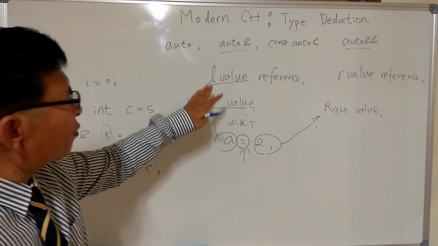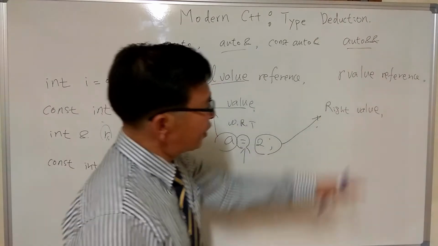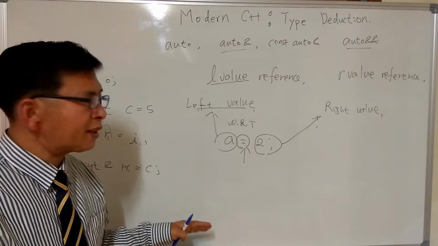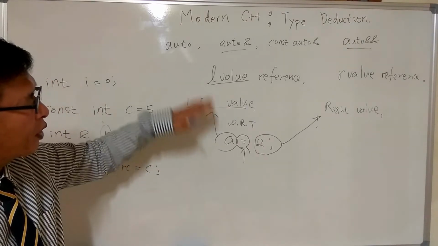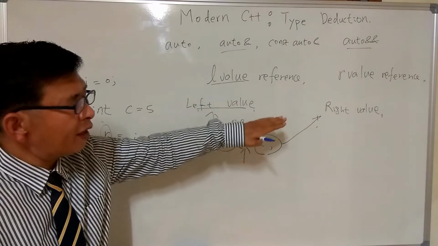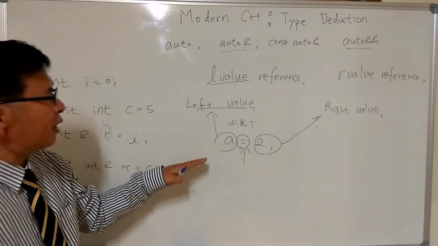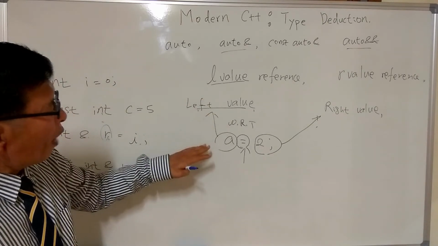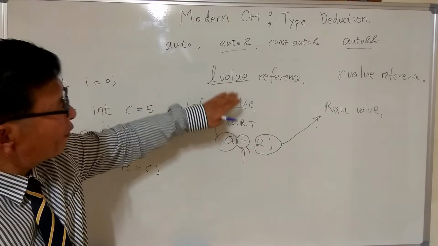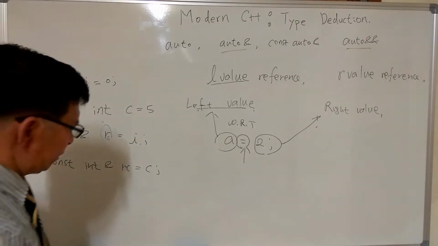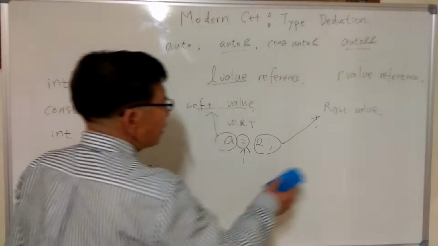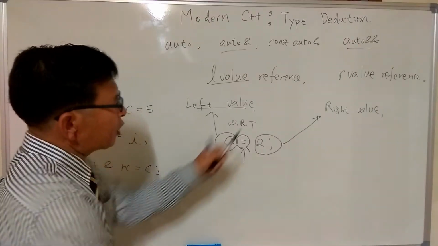And the concept of L value and R value becomes much more complex in modern C++. I will detail L value and R value in my next video, but in this video I will just explain L value and R value at this level. Okay? And one more instance about R value.